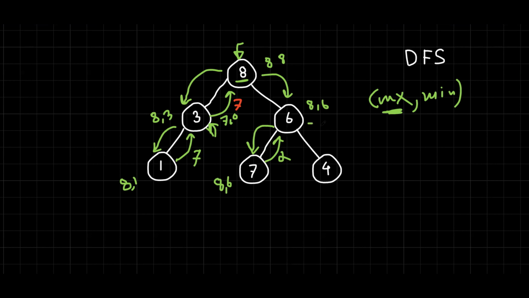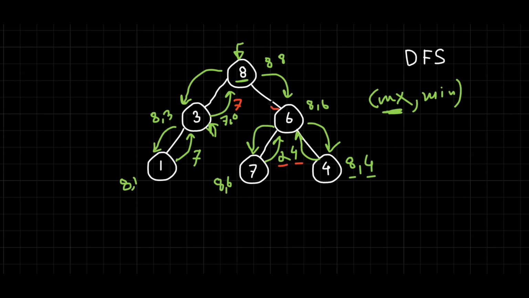Now from this 6, we will go to the node 4 and here the maximum value will be 8 along this path and the minimum value will be 4. And this 4 will return the difference of maximum and minimum, which is 4. Now from 6, it has 2 values. 2 from the left subtree and 4 from the right subtree.